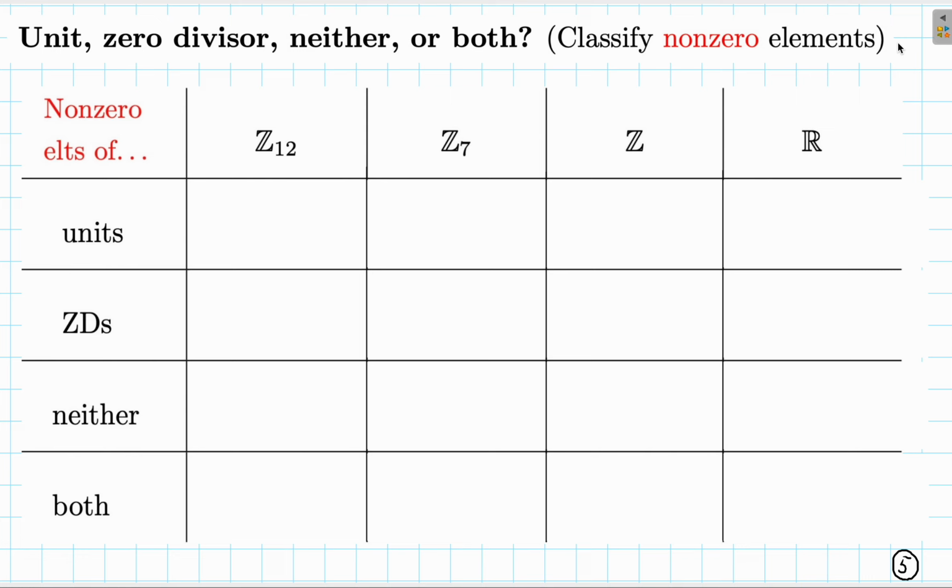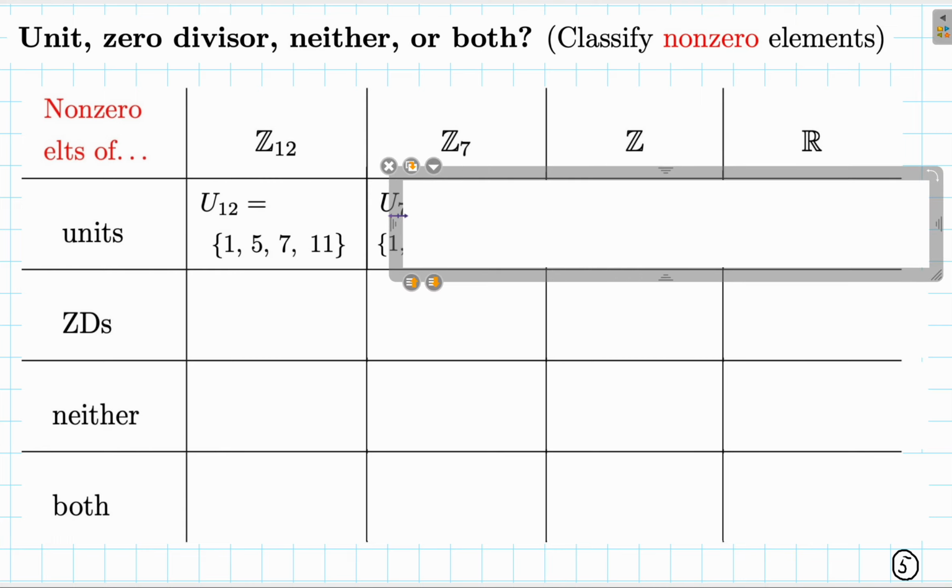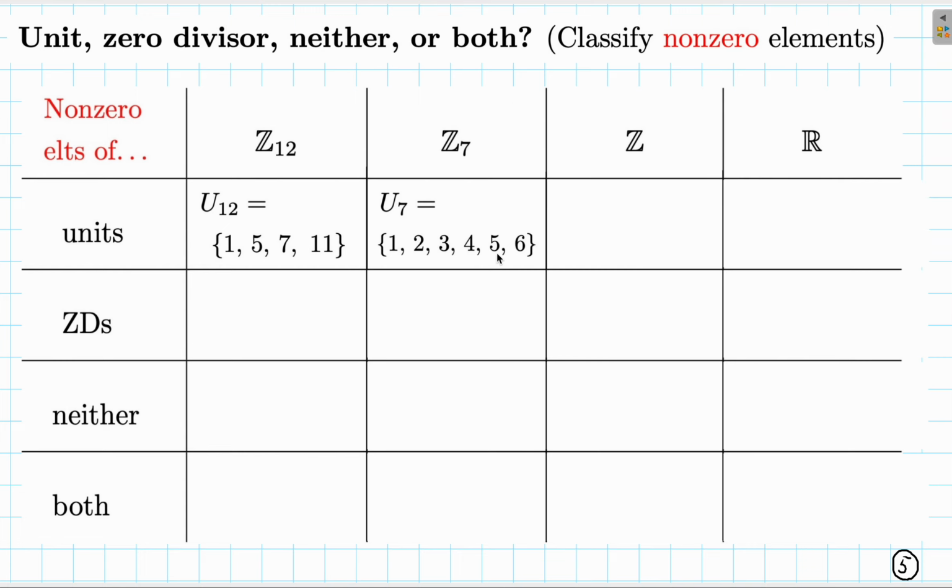In today's classwork, we considered several rings, in particular Z12, Z7, Z, and the real numbers R, and we classified their non-zero elements as either a unit, zero divisor, neither, or both. So let's start with the first row, units. What are the units of Z12 and Z7? So here they are. The units of Z12 are the elements 1, 5, 7, and 11.